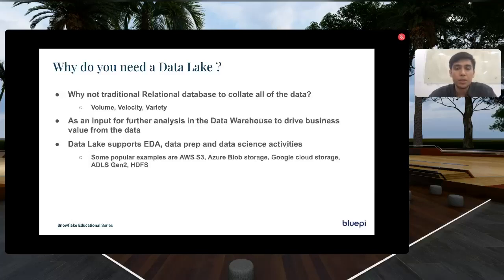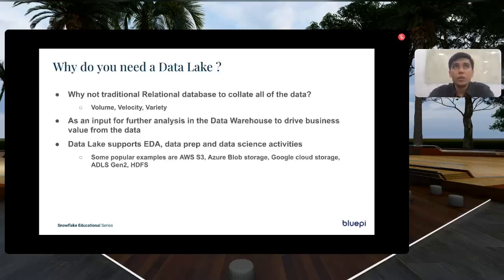The answer to this question is that because of the advent of big data technology, data warehouse was just not able to meet the needs of data analytics. It comes from the three Vs of big data as well: the volume in which the data is coming, the variety of data, and the velocity of data.